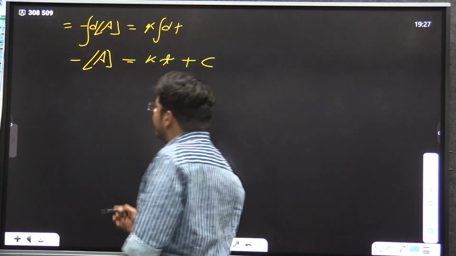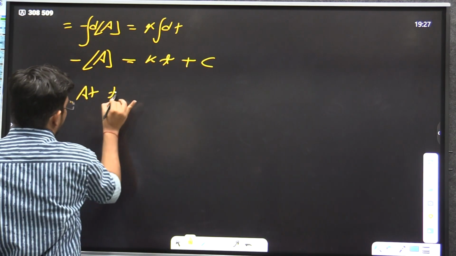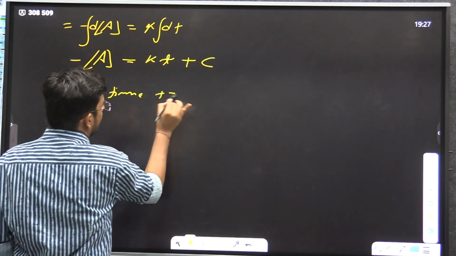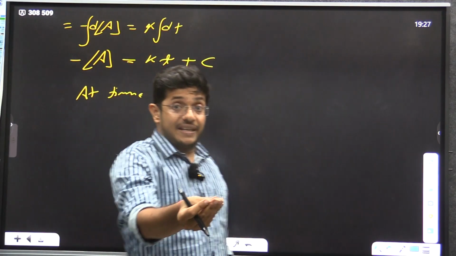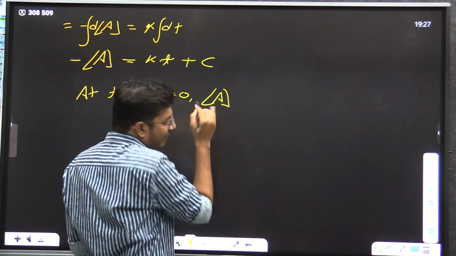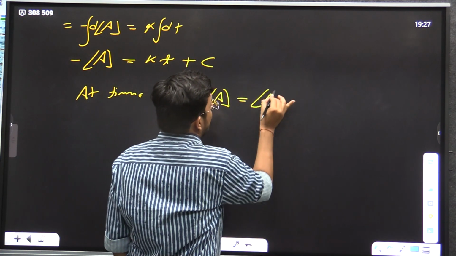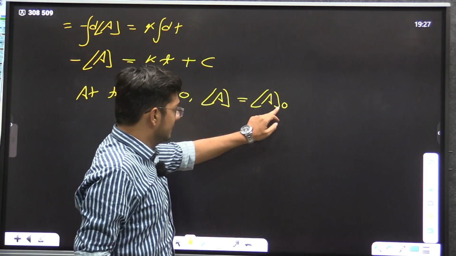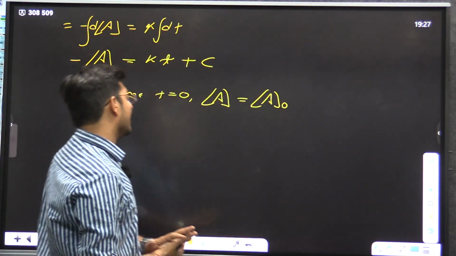Now let's assume at time t equal to 0, when the reaction has not started yet, the concentration of the reactant is equal to the initial concentration. This represents the initial concentration, A naught.